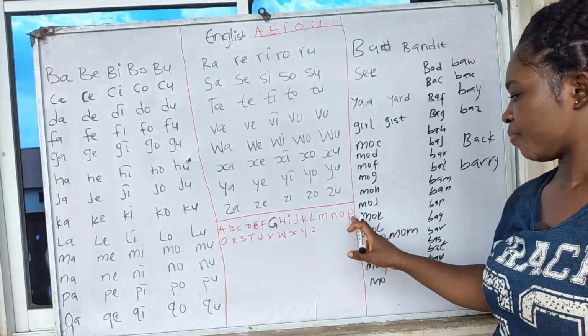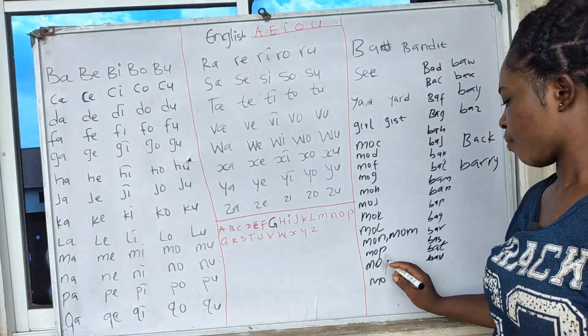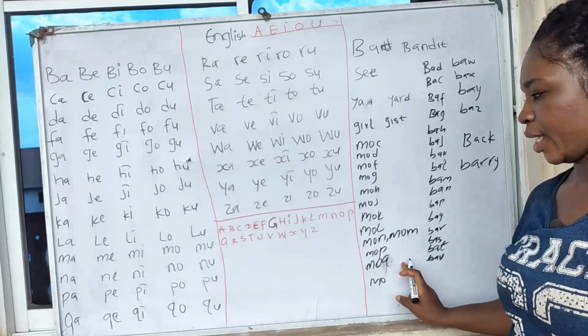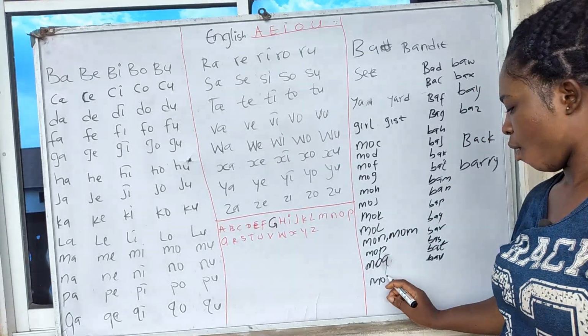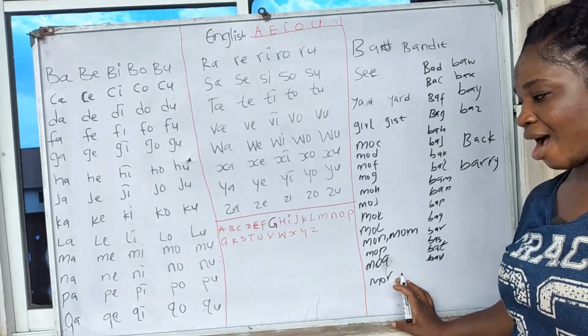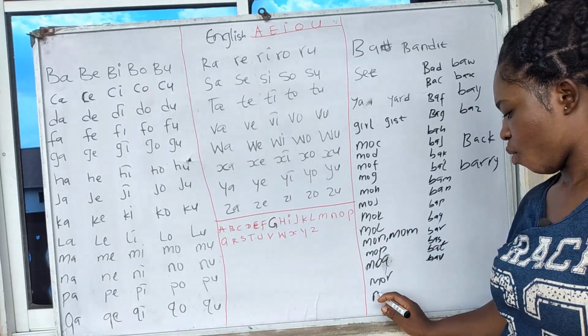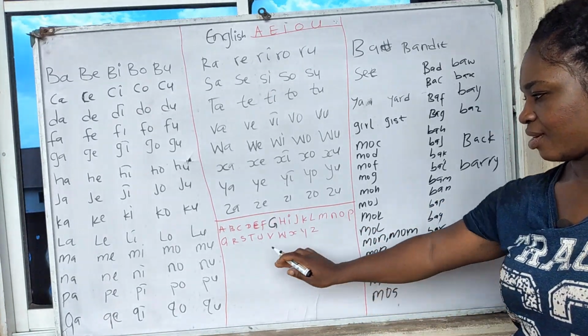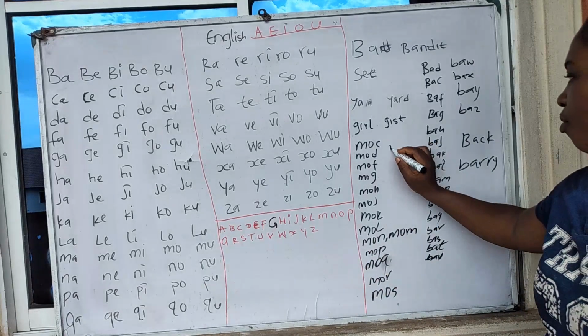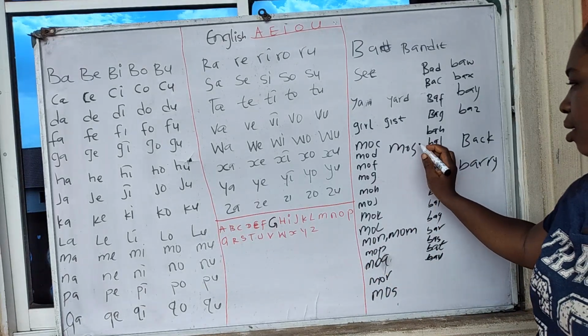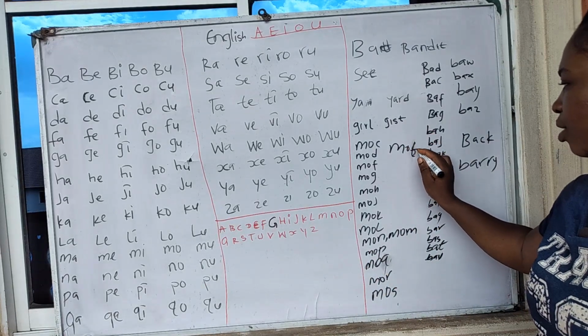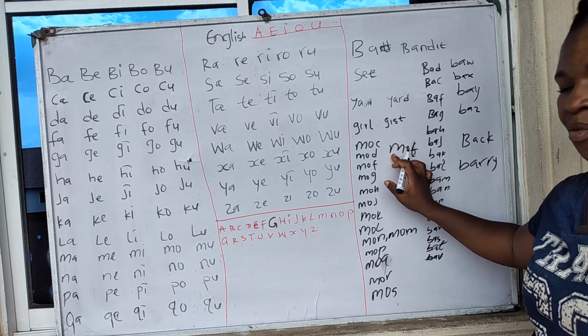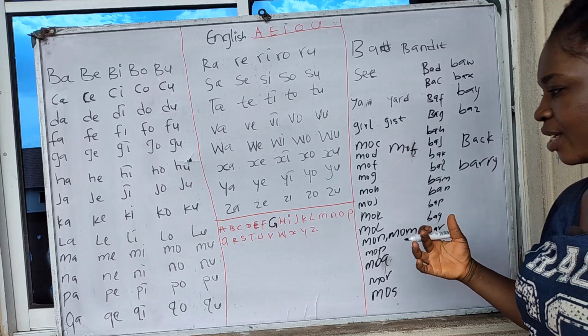The next sound after P is Q, so we have the mo. This is hui. Okay, we have more. This is R, more. We have mos because of the S. We have must. Okay, not must. We have mot because of the T.